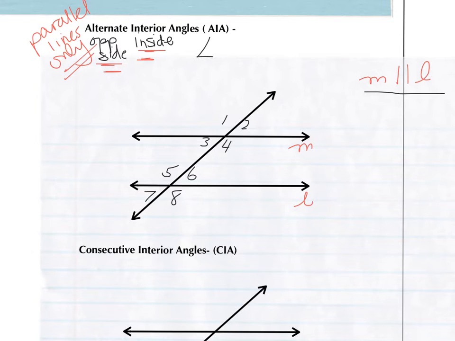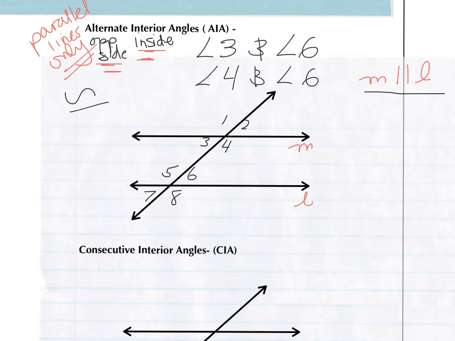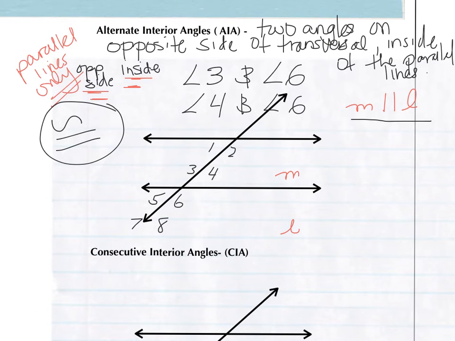So 3 and 6 are alternate interior angles, and so are 4 and 5. And what do you think is the special relationship between the two of them? You've got it. They are congruent. They're equal to each other. In that definition, AIAs are two angles on opposite sides of the transversal inside of the parallel lines.